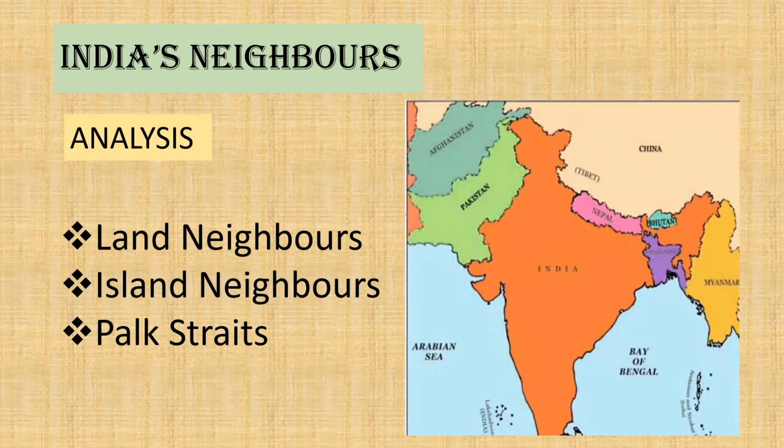Now, let us understand about India's neighbors. So class, there are 7 countries which share land boundaries with our country, India. As you have seen in the image, they are Bangladesh, China, Afghanistan, Myanmar, Bhutan, Nepal, and Pakistan.